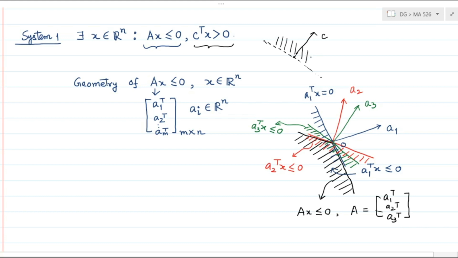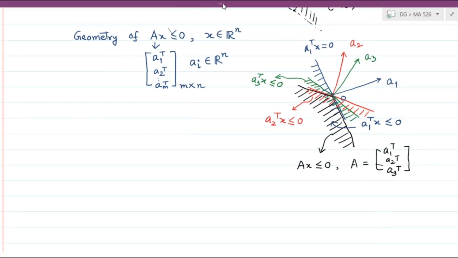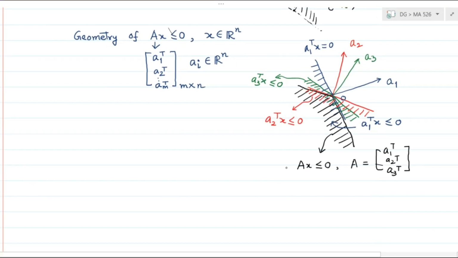System 1 then geometrically signifies that this region C transpose x and this black region Ax less than or equal to 0 have an intersection, or otherwise system 2 has a solution. With the geometry that I have explained for Ax less than or equal to 0 and C transpose x greater than 0, we note that you have two possible cases.